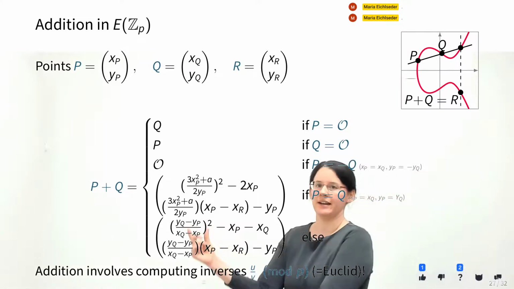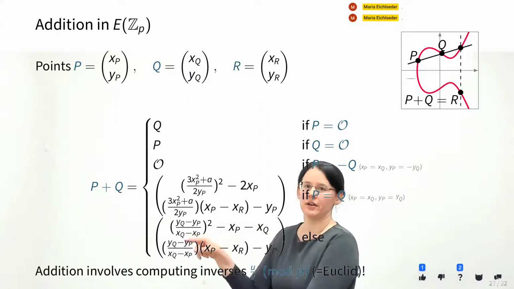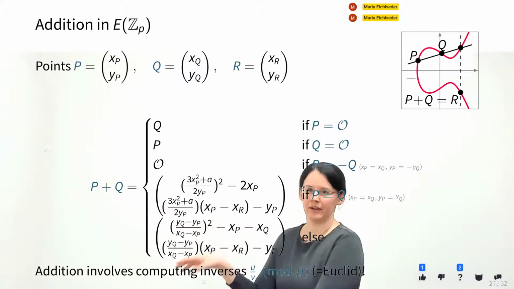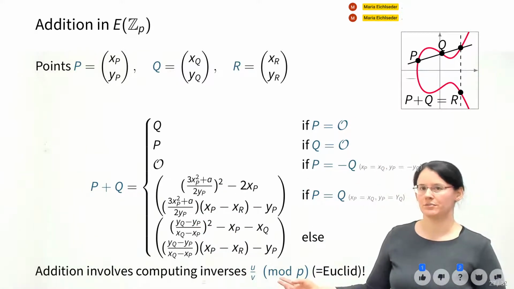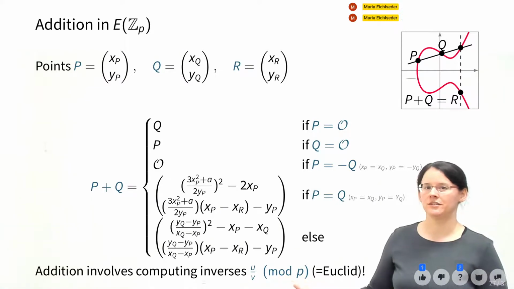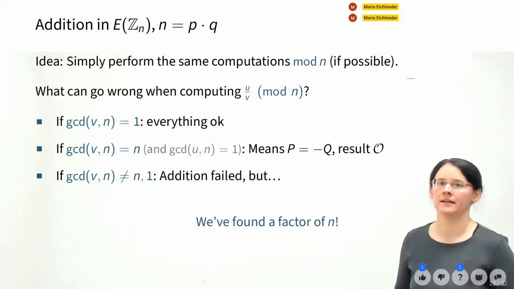In those cases, I always need to divide by some values. In other words, I need the inverse of the denominator here. And that's in each of these steps. Now I can compute inverses modulo a prime number, but what happens when I try to do this modulo a number that is not a prime number? What problem will I run into?